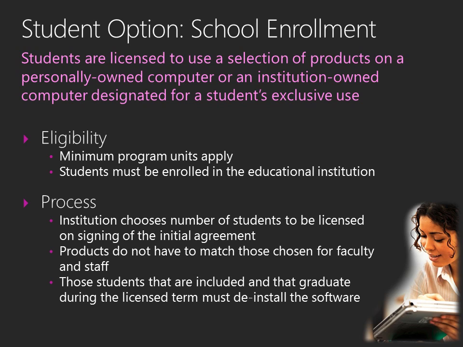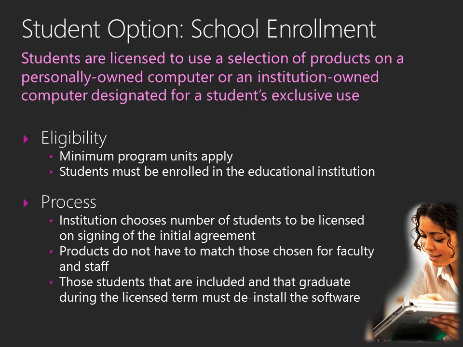Now, under the school enrolment, there is an extra enrolment known as the student option. And if you enroll into this, it allows you to license students to use products on personally owned computers or institution-owned computers that have been designated for a student's exclusive use. Now, there is some eligibility for this extra enrolment.